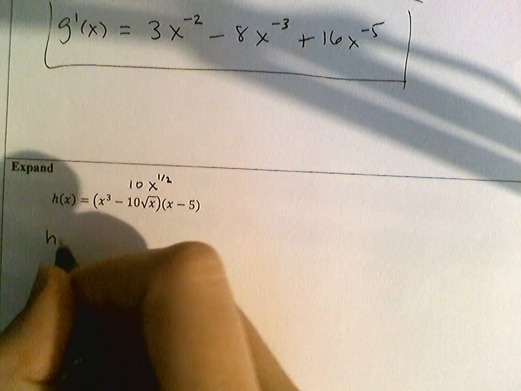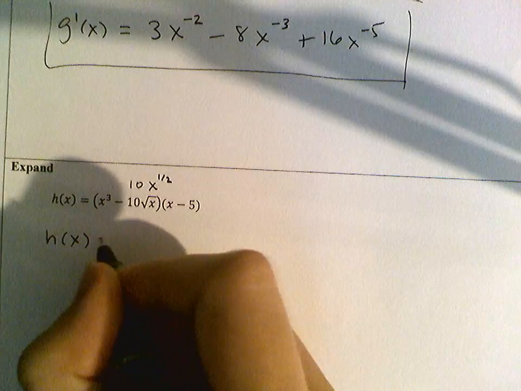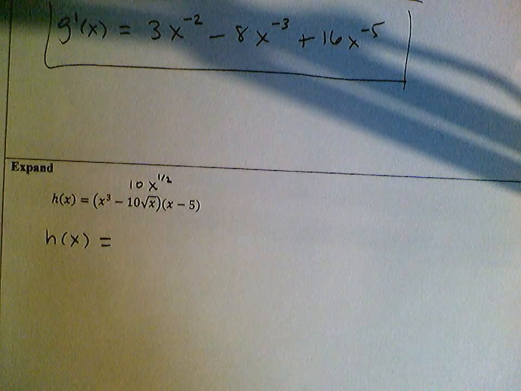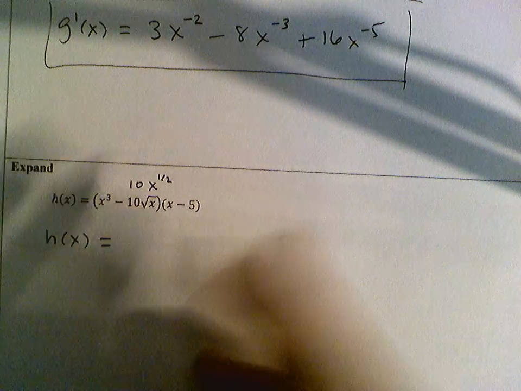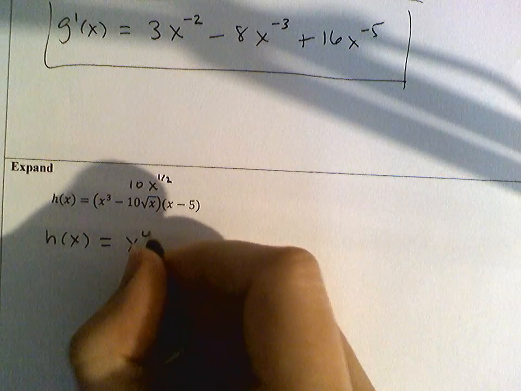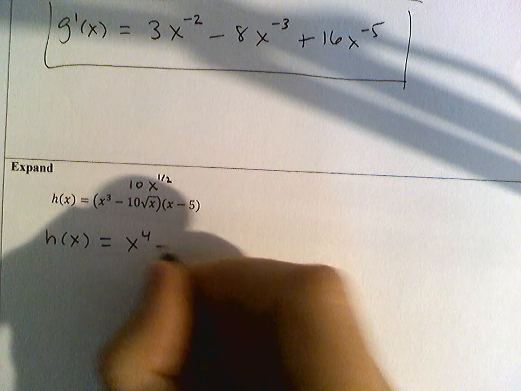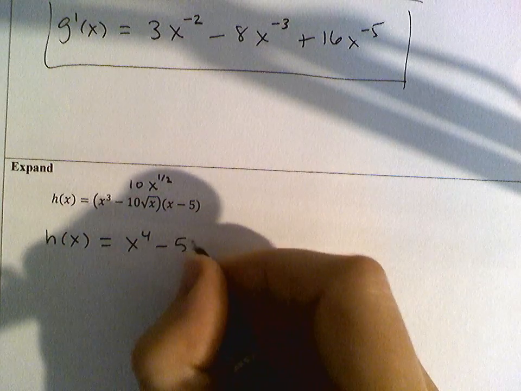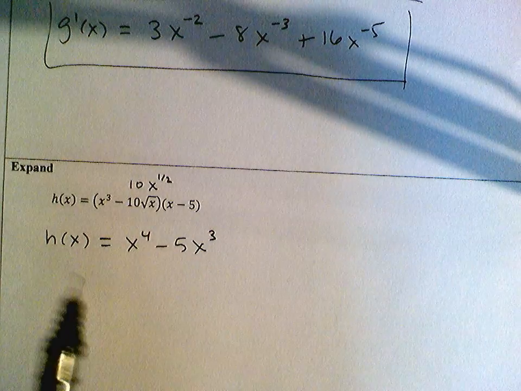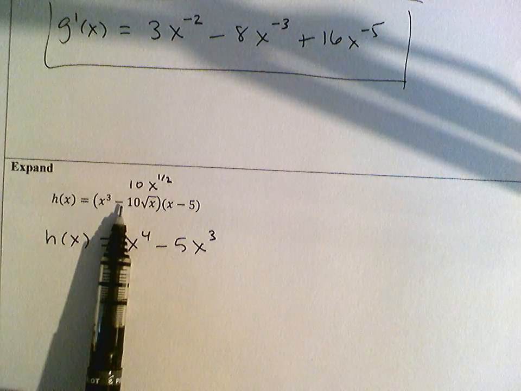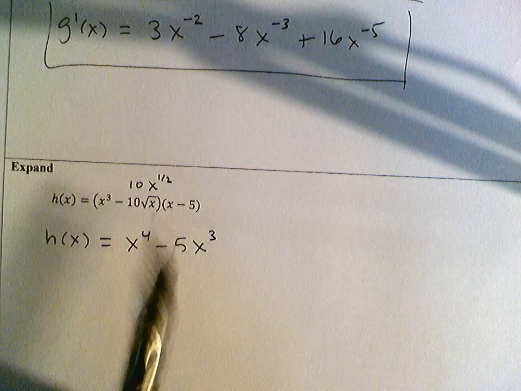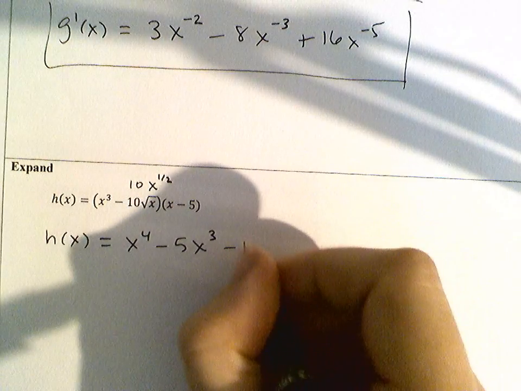So I get that h of x, I'm not taking the derivative yet, I'm not able to yet, equals, so x to the third times x is x to the fourth. X to the third times negative 5 is negative 5x to the third. Now, negative 10x to the 1/2 times x is negative 10.